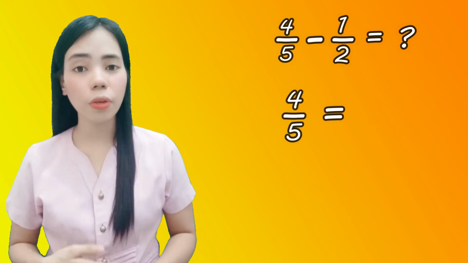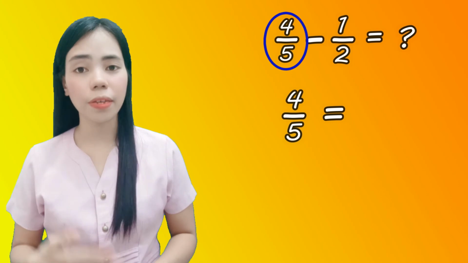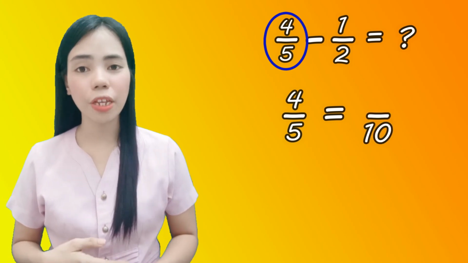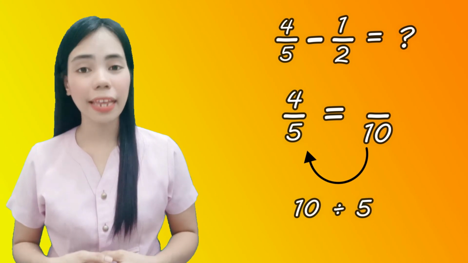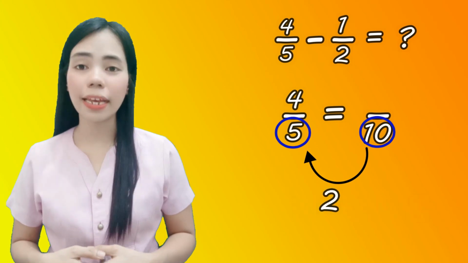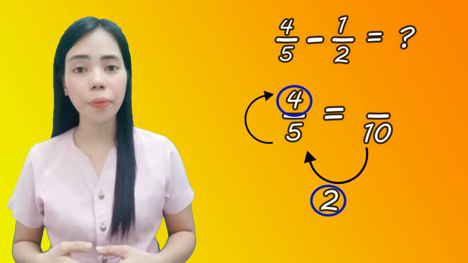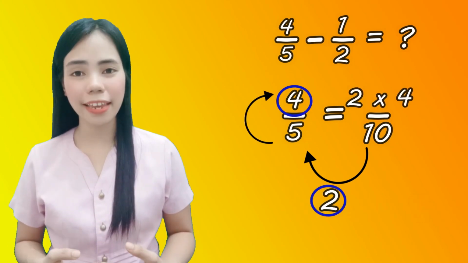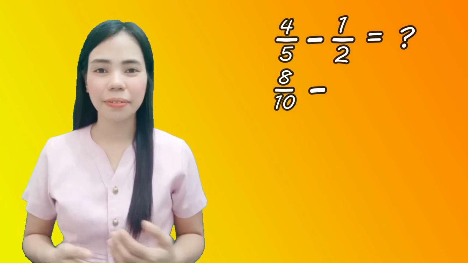To get the equivalent fraction of 4/5 with 10 as the denominator, divide first the denominators. 10 divided by 5. The quotient is 2. Then, multiply 2 by 4 and the product is 8. 8 will be the numerator and 10 as the denominator. So we have 8/10.